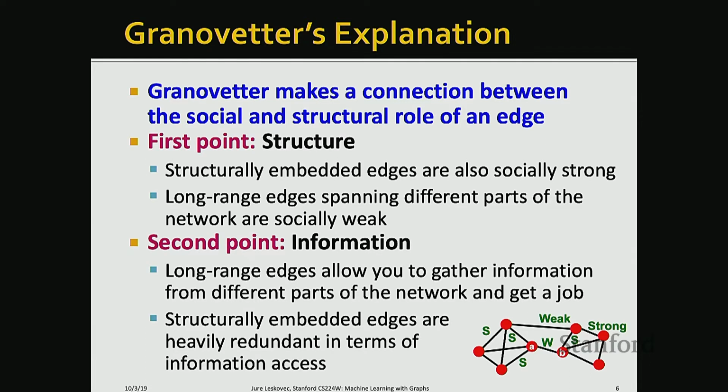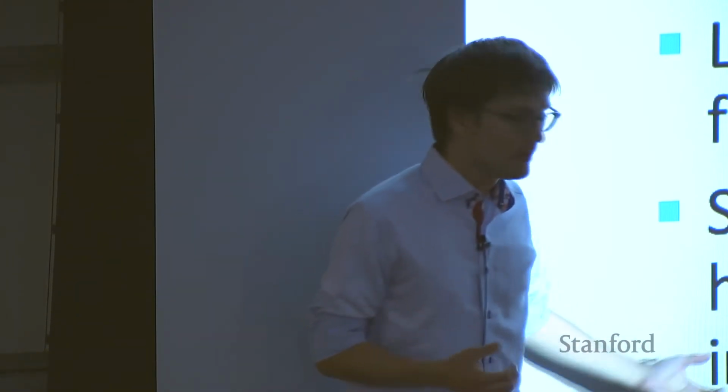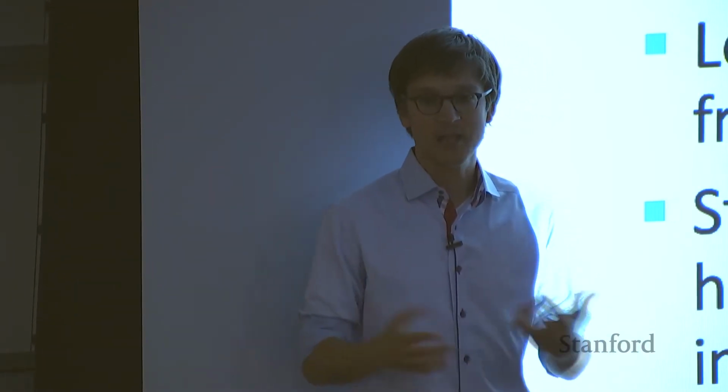He says the second point is that long-range edges, acquaintances, allow you to access information in very distant parts of the network. And structurally well-embedded edges are, in some sense, heavily redundant in terms of access to information.